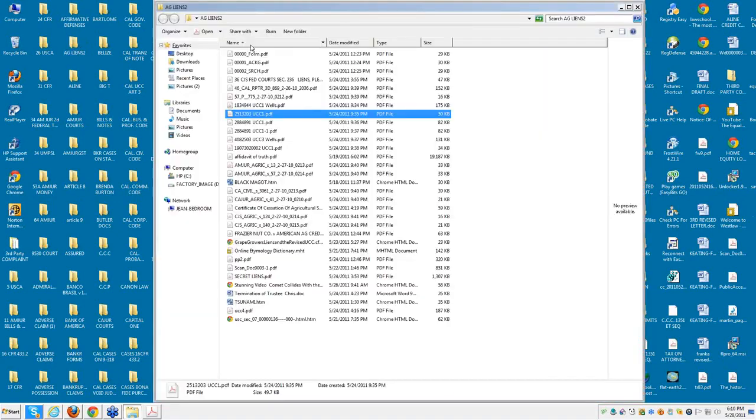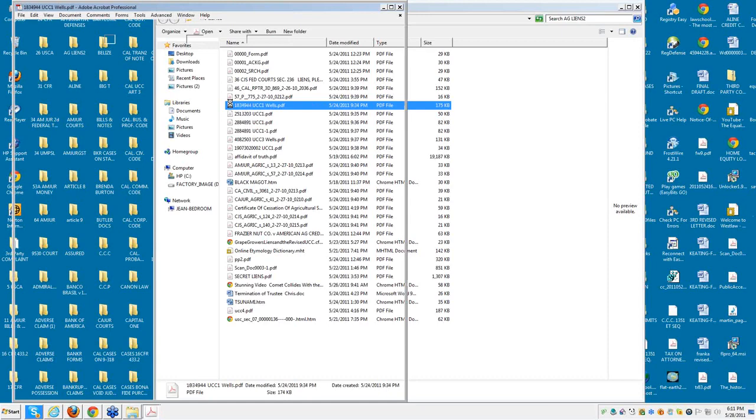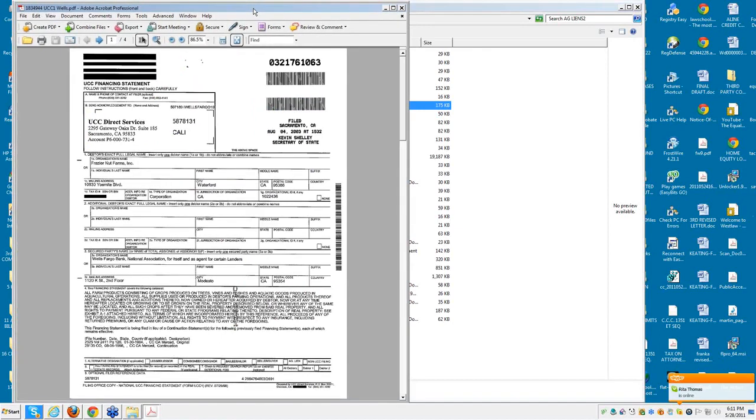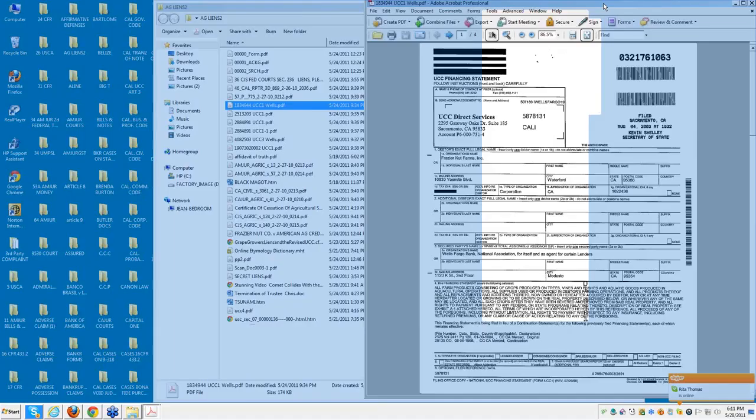You can see how a lien is put together. These are all UCC ones. One of my main guys is not here for the screenshots. If you have the capability to do a screenshot, please do so and let me know. I haven't heard from him, so I don't know if he's on the call tonight.